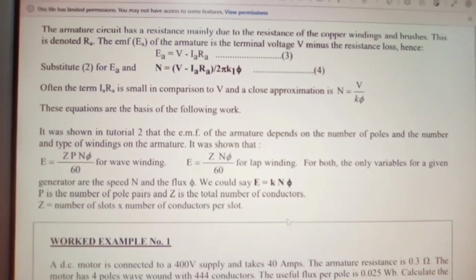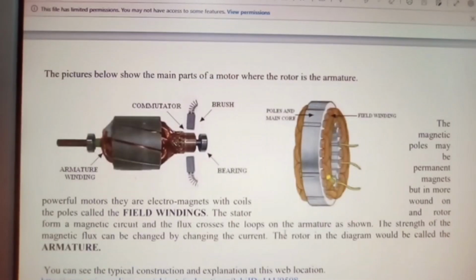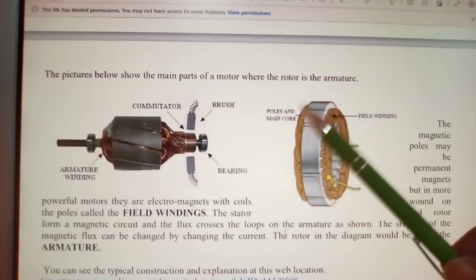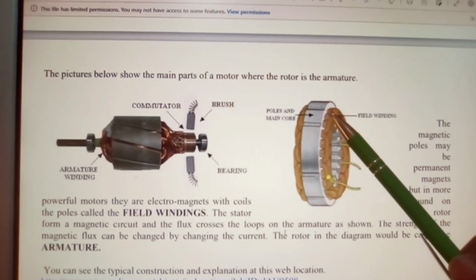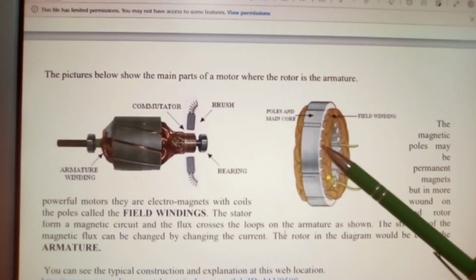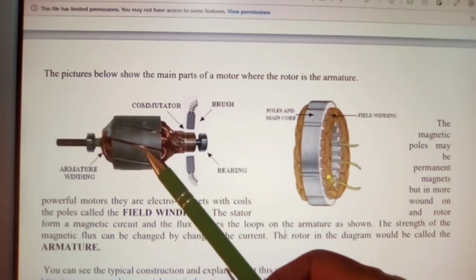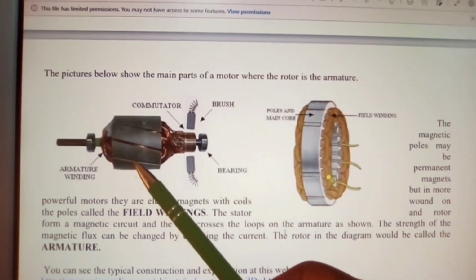Okay, so if we go back a little bit and look at what we were talking about in regards to the slots, here is where we're talking about the number of coils per slot. Each slot here will have so many coils. The same thing would apply to here. These would then be your slots for your armature winding.